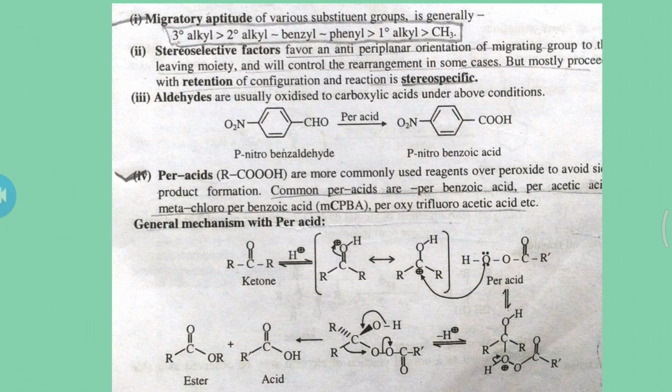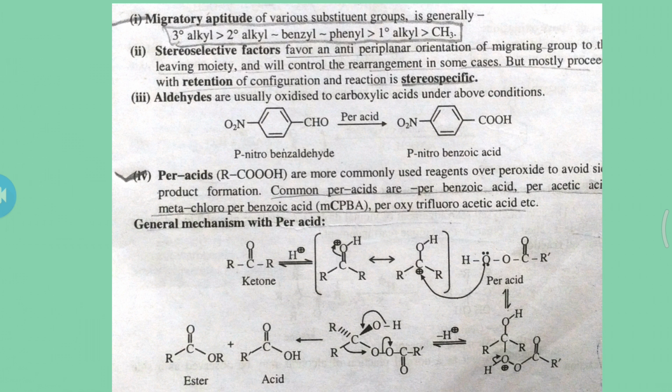So next is the stereoselective factor in the Baeyer-Villiger reaction. There are two types: first is the stereospecific reaction and second is the stereoselective reaction.